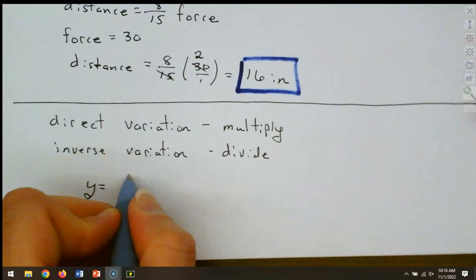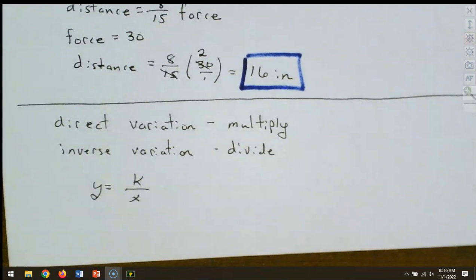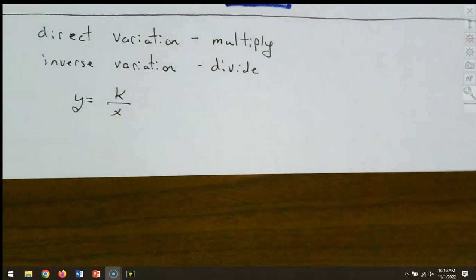Y equals K over X. So instead of multiplying, when it says inverse, we divide. Now it can also be inverse to a power as well. But the main premise is whenever you see inverse, divide. Direct, you multiply. Build your equation, plug the values in, find the K, answer the question.